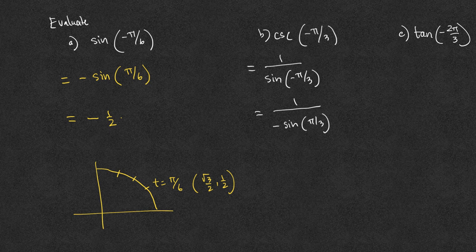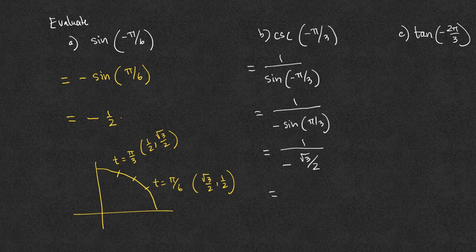Using the special number on the unit circle, the terminal point determined by pi over 3 is x equals 1/2, y equals root 3 over 2. Sine of pi over 3 is therefore root 3 over 2. And so this is 1 over negative root 3 over 2.